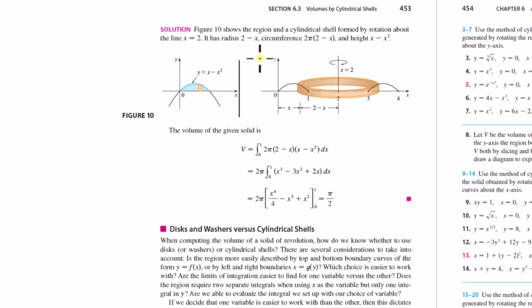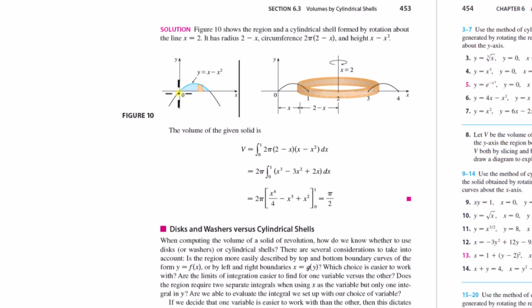But here they're doing shells, and so we're integrating, the independent variable is x, and so delta x is the thickness of the shell, and then the x coordinate of this relative to x is equal to 2 is the radius. And so that's kind of the tricky part. We're integrating from 0 to 1, okay?